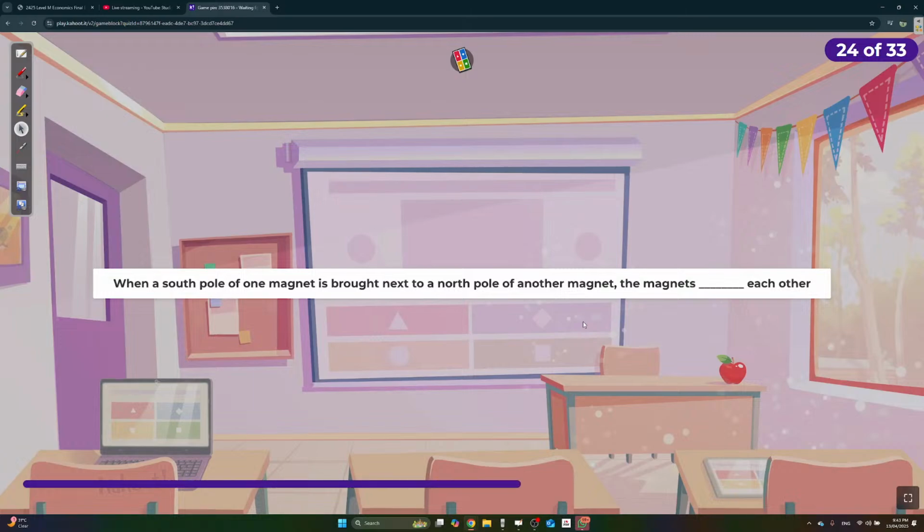When a south pole of one magnet is brought next to a north pole of another magnet, what will the magnets do?